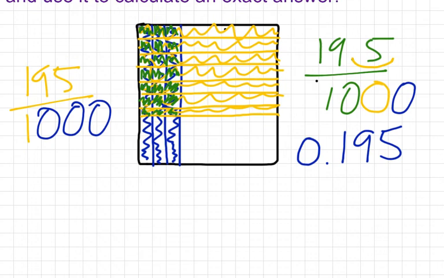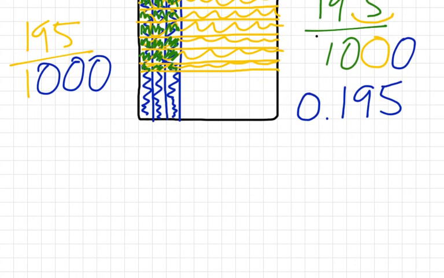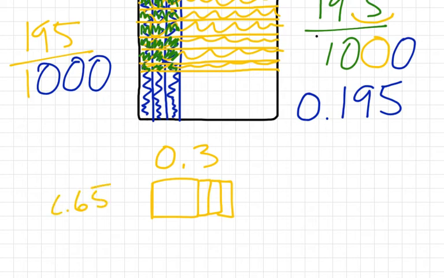Now, the other way we've done this is to write the number on top: 3/10, which would be 0 wholes and 3/10, times 65 hundredths.